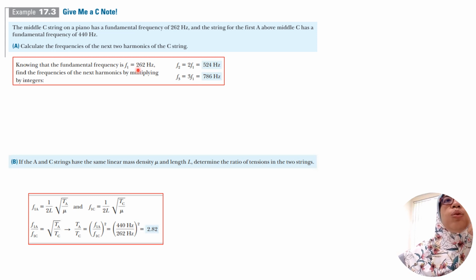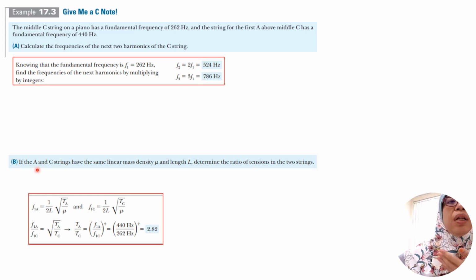So F1 is 262; 262 times 2 gives 524. Number 3, 262 times 3, gives 786 Hz. Like that. So we multiply by the integers of the next two: after 1, the next two are 2 and 3. Okay.